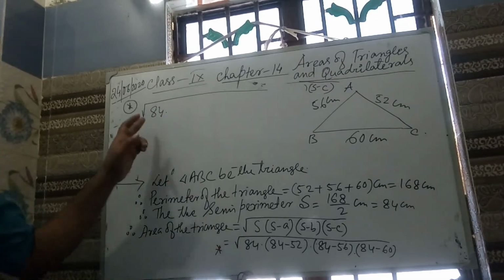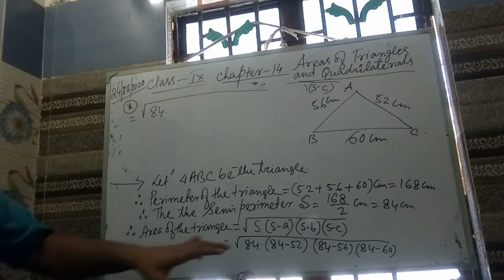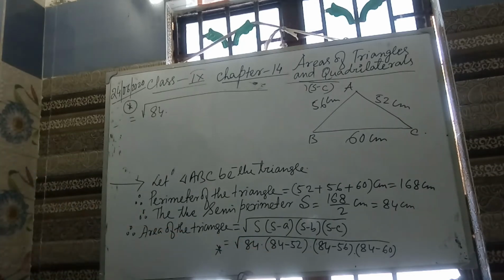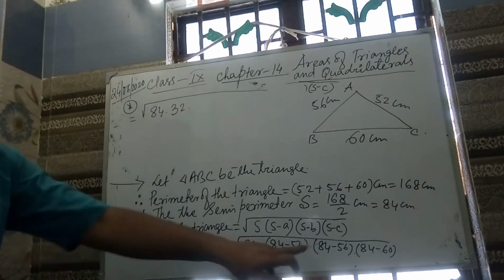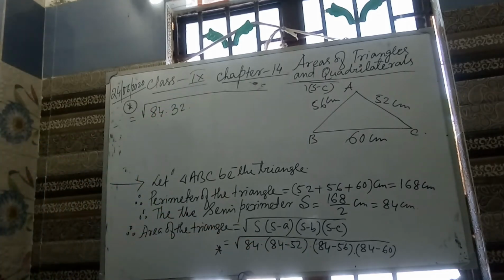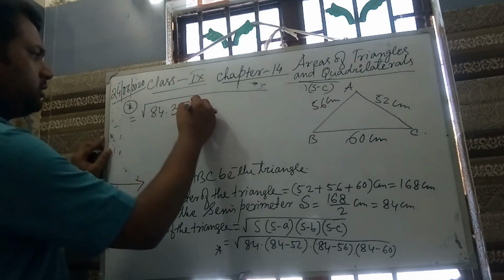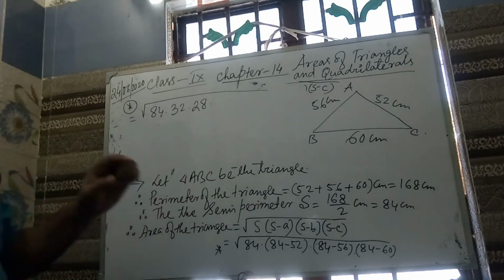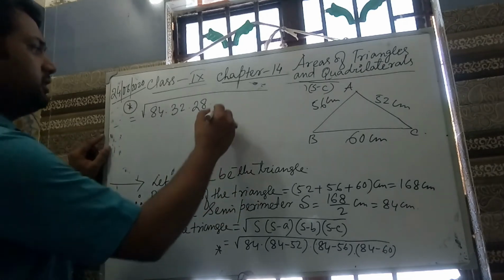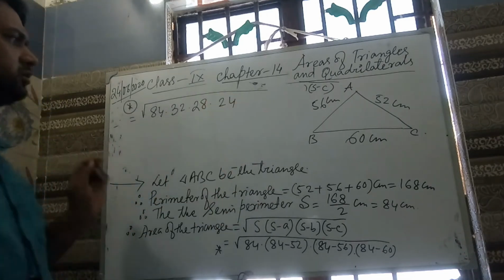So 84, keep the first term as it is. Now 84 minus 52, it gives you 32. 84 minus 56, that is 28. Then 84 minus 60, that is 24.